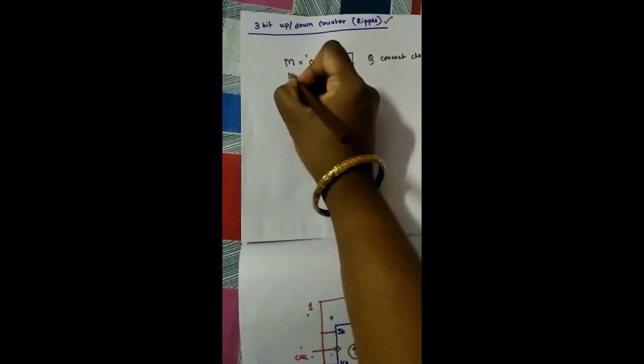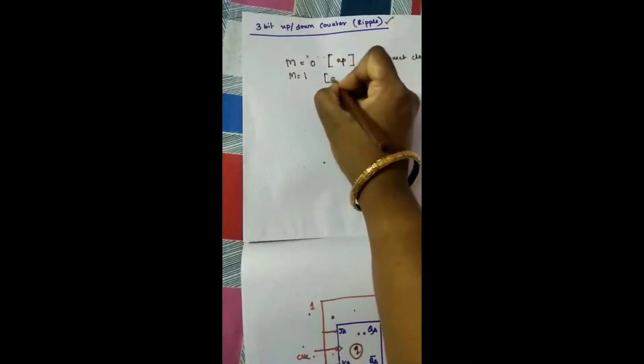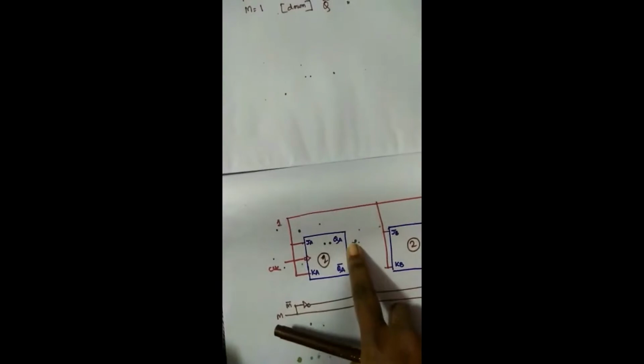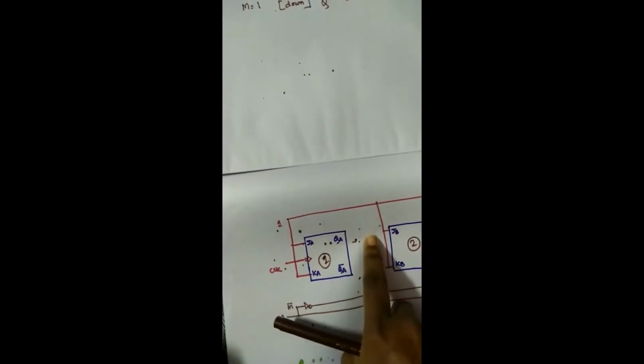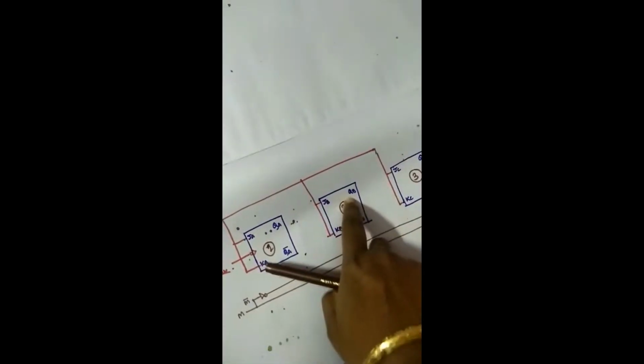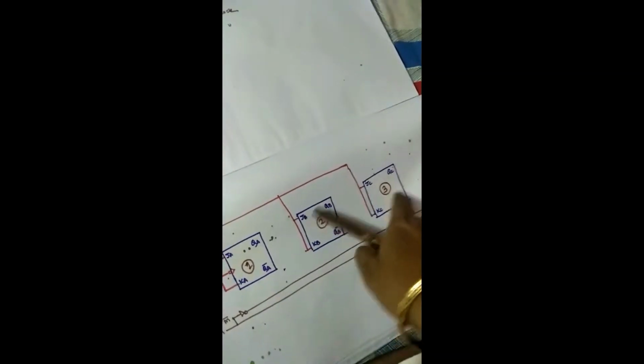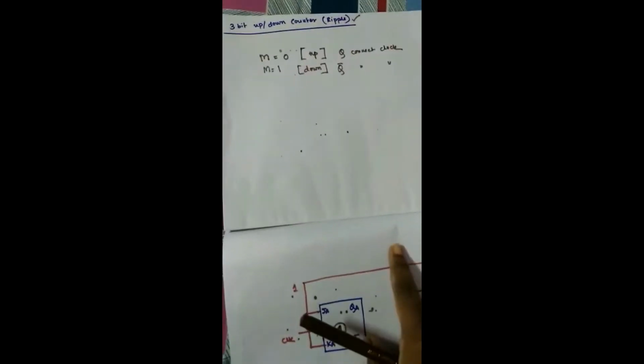When M has the value 1, it will count down, and then Q bar will be connected as the clock to the next flip-flop. That means whenever we need to design an up counter, QA goes to the clock signal, and when we need to down count, QA bar acts as the clock input signal. Similarly, it is QB bar for down and QB for up, and QC for up and QC bar for down.